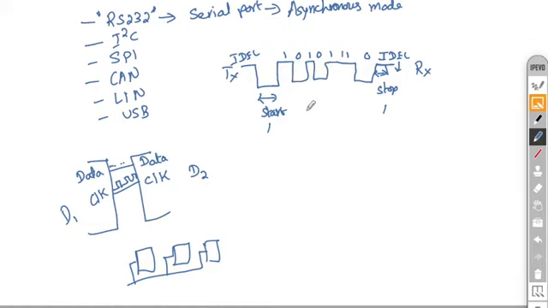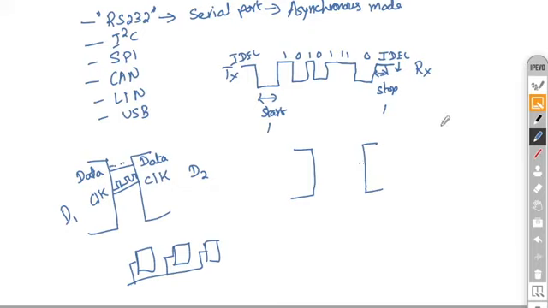At what speed these devices communicate is important. The serial ports of both devices should operate at the same speed, and for that we have to configure both devices in the serial communication to a particular standard baud rate.